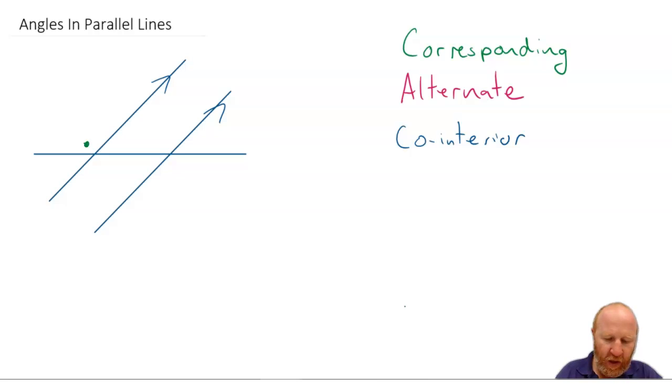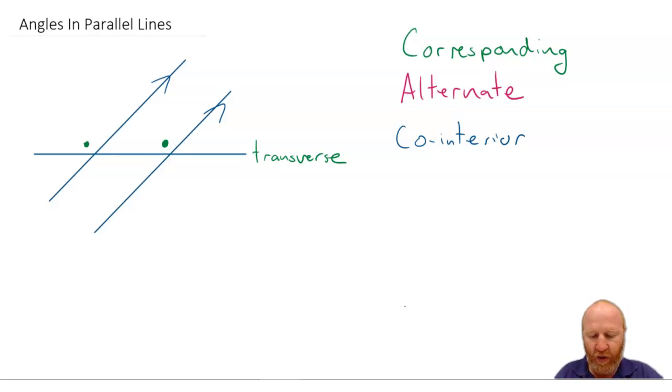If I've got an angle here, the angle that corresponds to it is over here. We call them corresponding because they match up relative to the line that runs across the middle that we call a transverse line. Transverse literally means across lines.